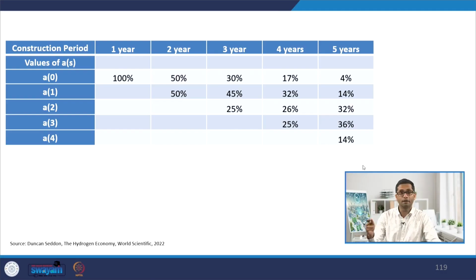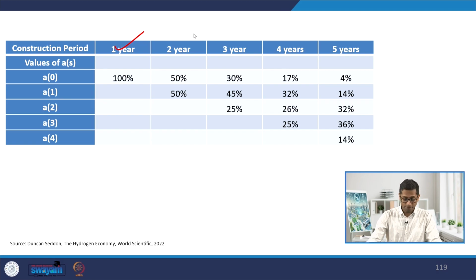The slide in front of you gives a basic bifurcation of the installation of plant, which we will be assuming. If the plant is installed in 1 year, we assume all of the investment happens at once. If the installation takes place over 2 years, it's equally divided among the 2 years. If it is 3 years, 30% in the first year, 45% in the second year, and 25% in the third year.